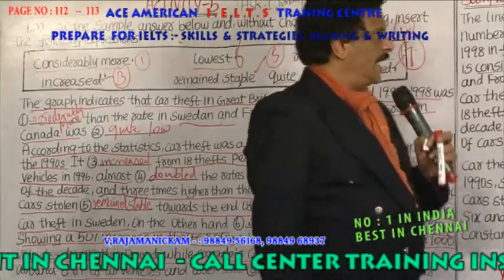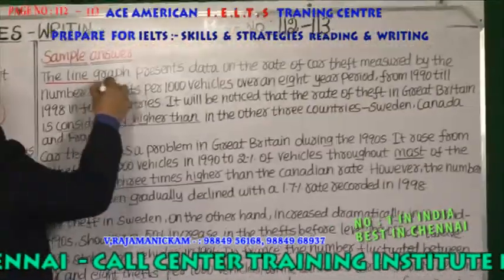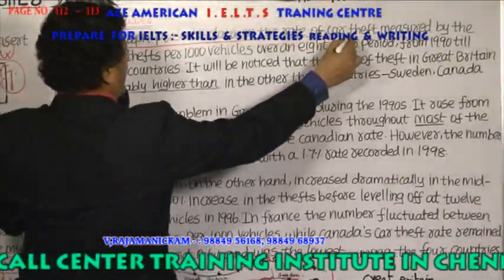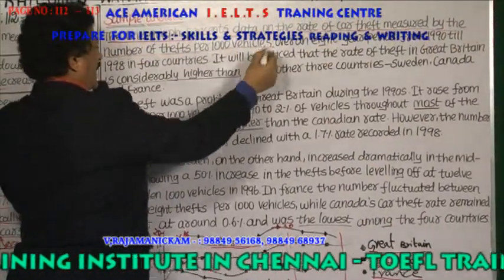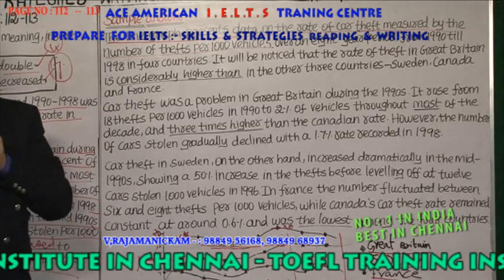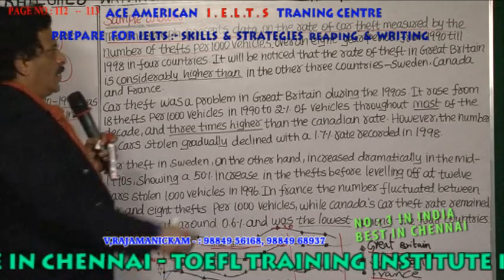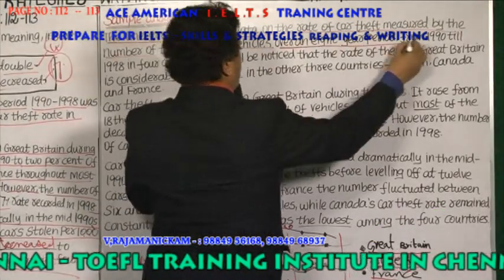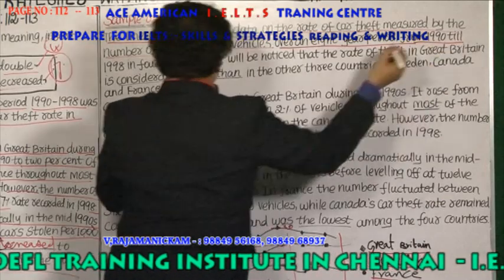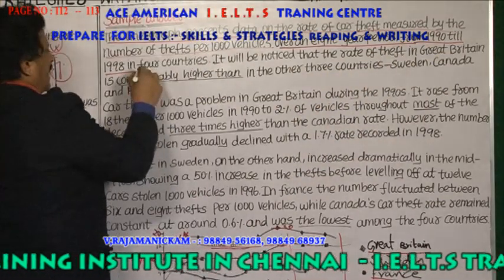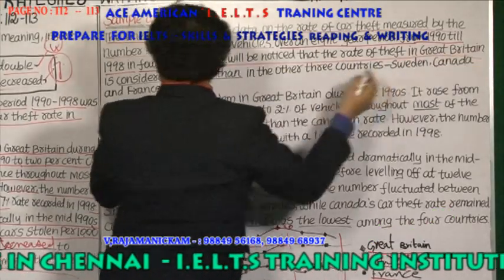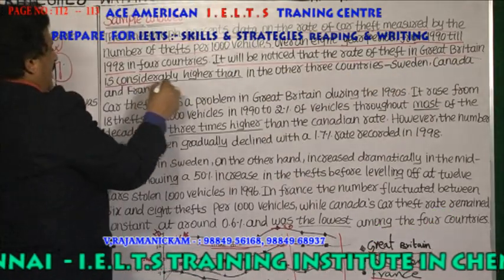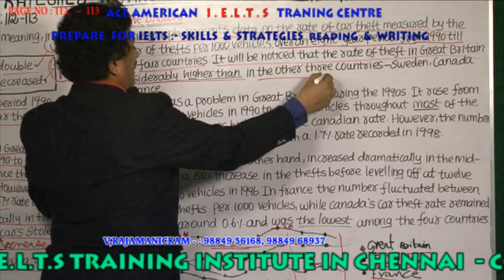Now coming here, the line graph presents data on the rate of car theft measured by the number of thefts per 1,000 vehicles. So out of 1,000 vehicles, how many vehicles have been stolen? Over an 8-year period from 1990 till 1998 in 4 countries. It will be noticed that the rate of theft in Great Britain is considerably higher than that in the other 3 countries.